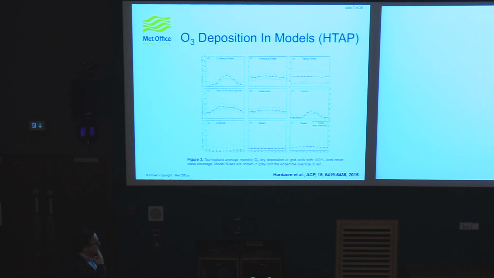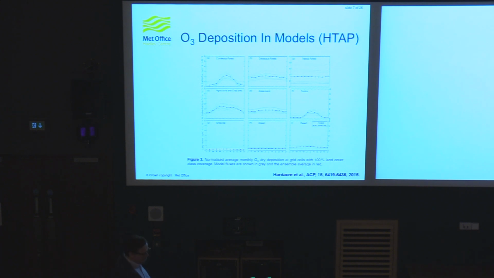So on this slide, I wanted to show you what deposition looks like in our modeling efforts. This is a comparison of models that have participated in an international effort called HTAP, Hemispheric Transport of Air Pollution, where we are looking at the impact of air pollution transport across continents.